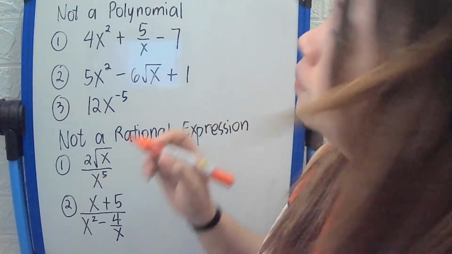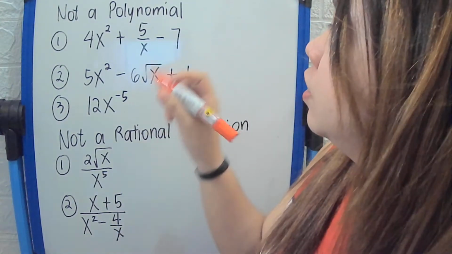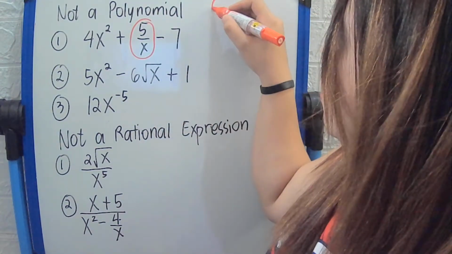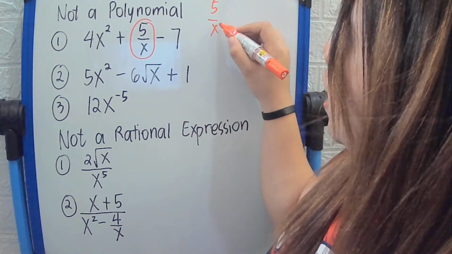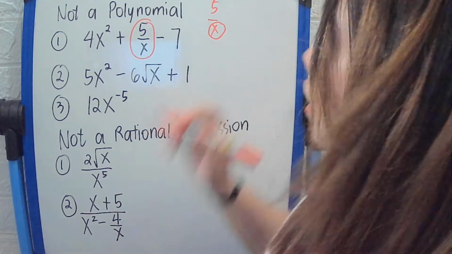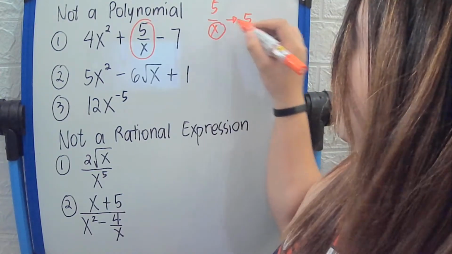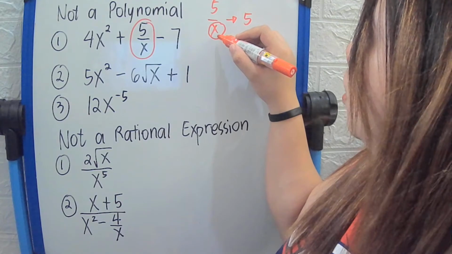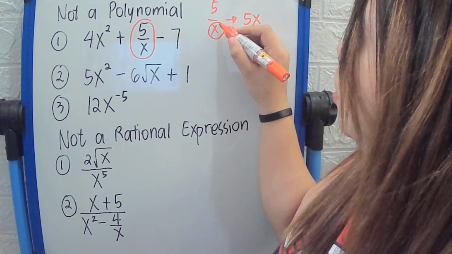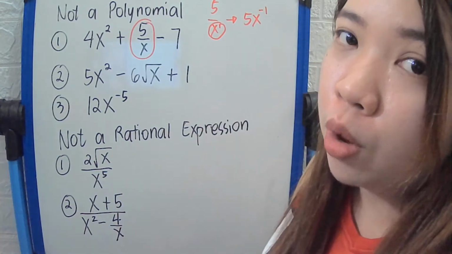So why is that? A polynomial must not have a negative exponent. So meaning to say, if you have 5 over x, it means that your variable here has a negative exponent because it can be written in the form 5 using the numerator and then your denominator which is variable x, and since your exponent here is 1, that means it is negative 1.